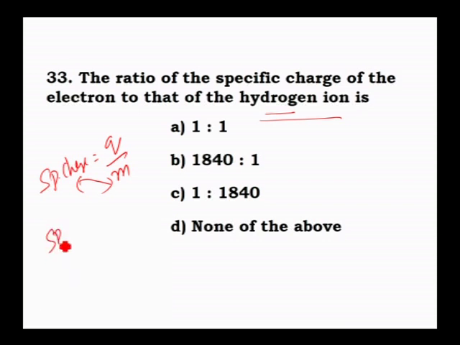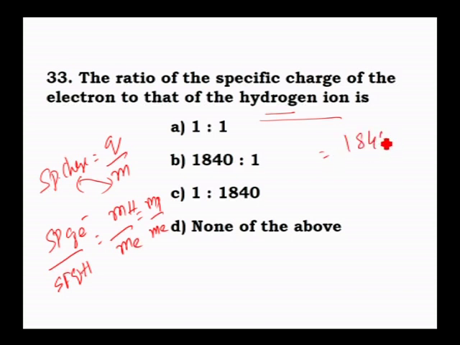So specific charge of electron by specific charge of hydrogen atom is equal to mass of hydrogen divided by mass of electron. Mass of hydrogen means mass of proton by mass of electron. Proton mass is 1840 times the mass of electron, so mass of electron cancels. The final answer is 1840 is to 1, that means option B.